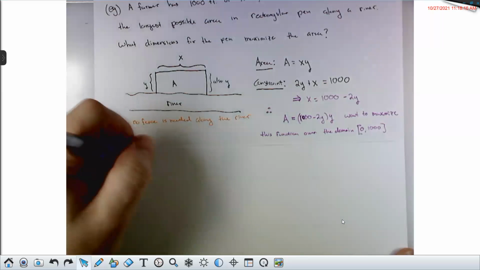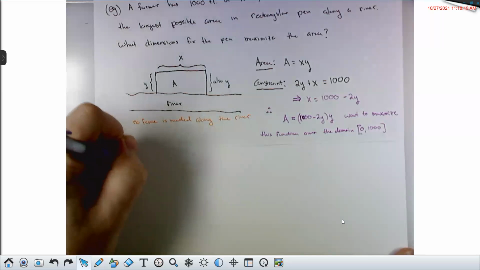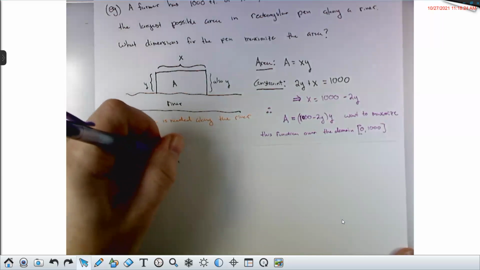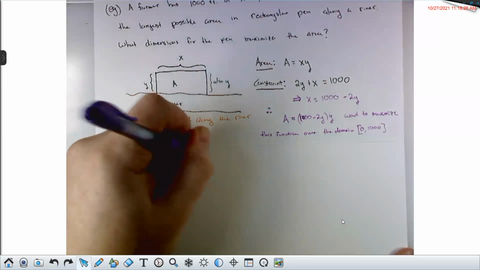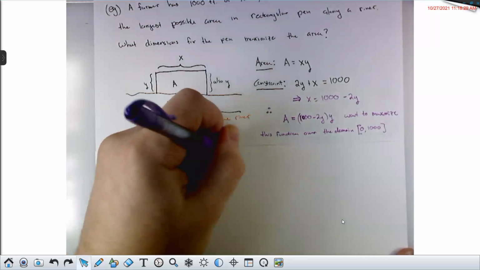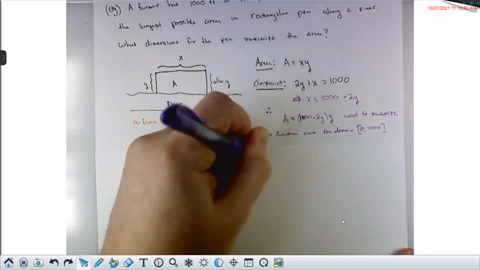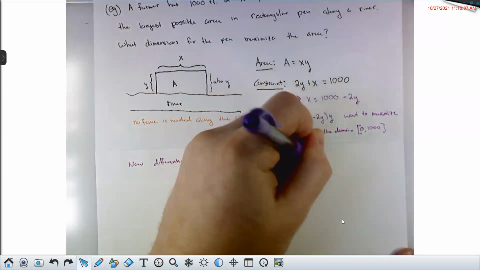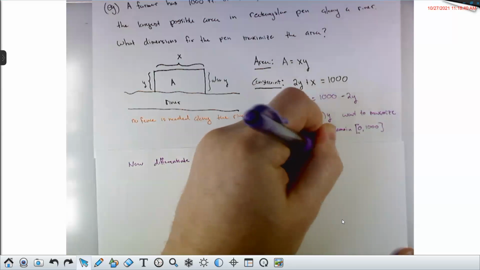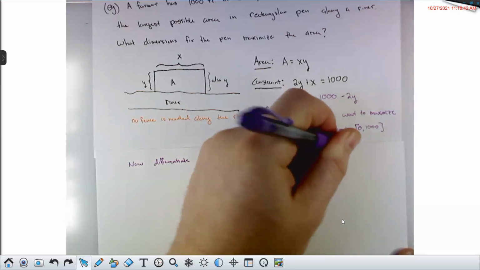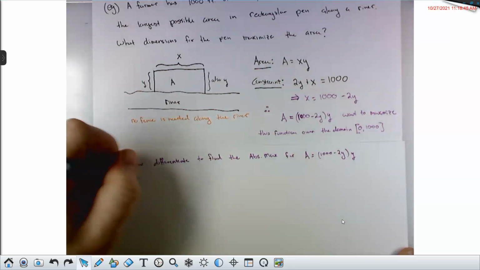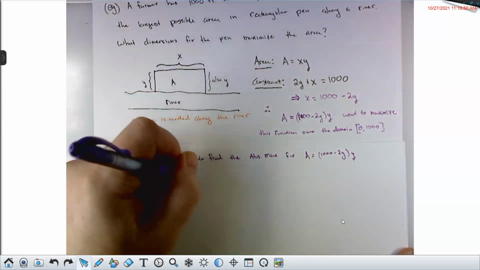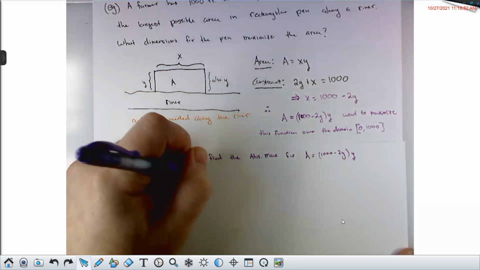So what we're going to do is differentiate to find the absolute max for A equals 1000 minus 2y times y on the interval 0 to 1000.